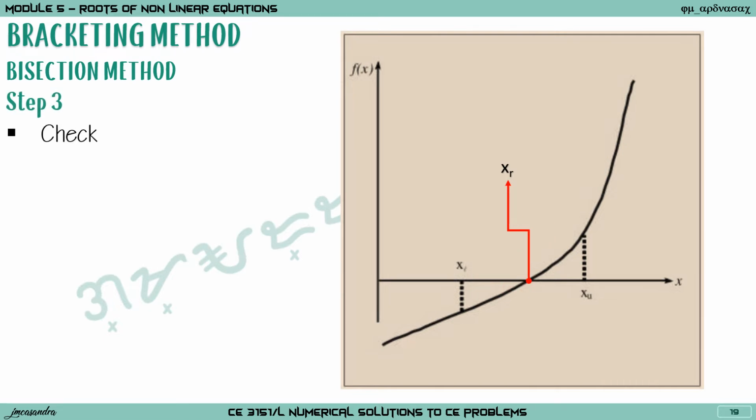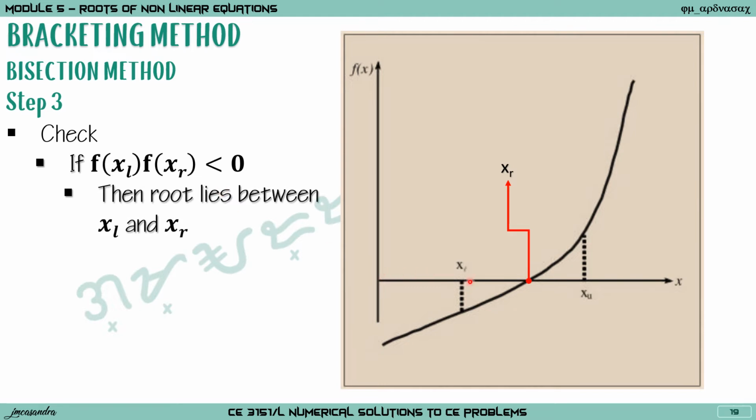So for step 3, we now check the product of the function of XL and the function of XR. If it gives us a value less than 0, then it means the root is between XL and XR.